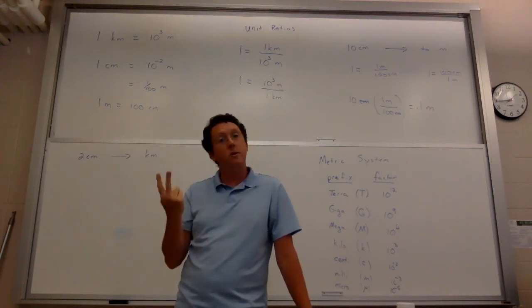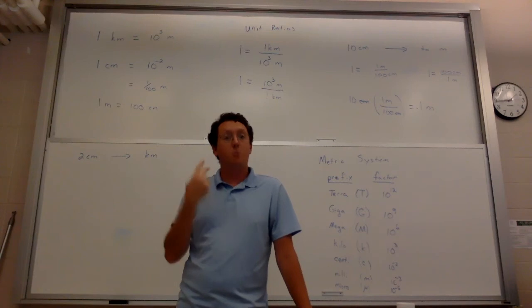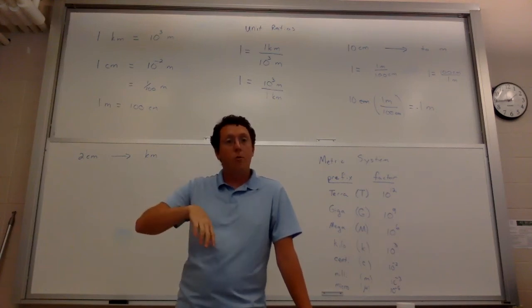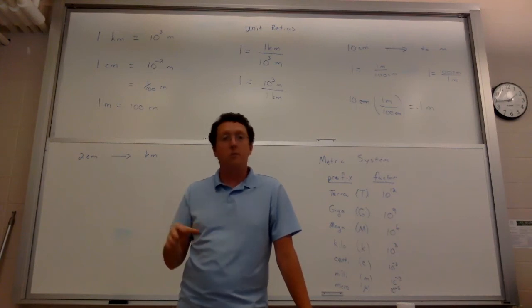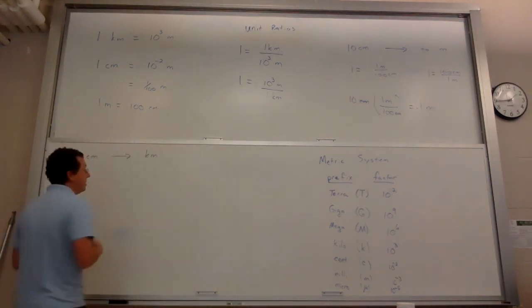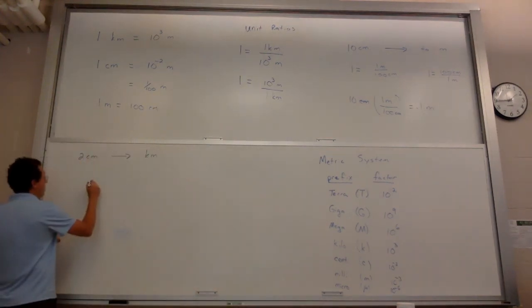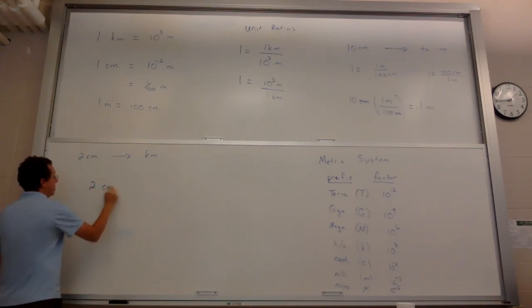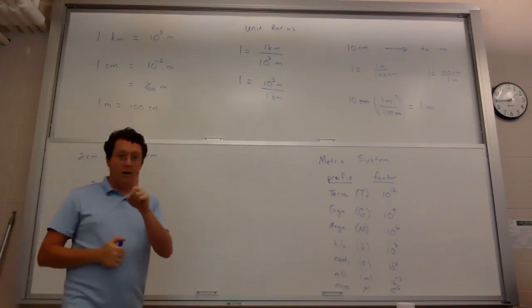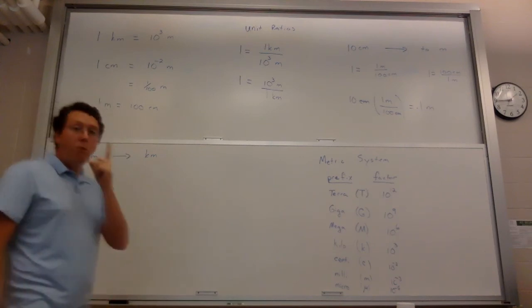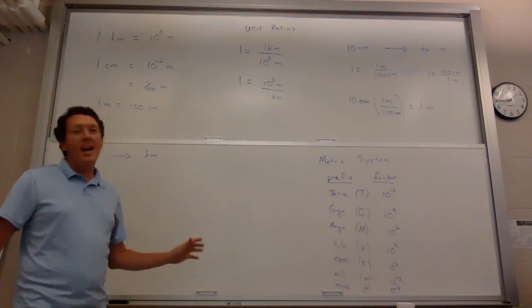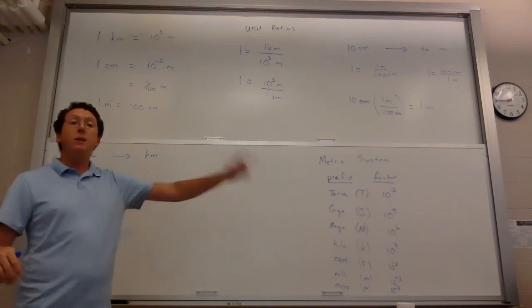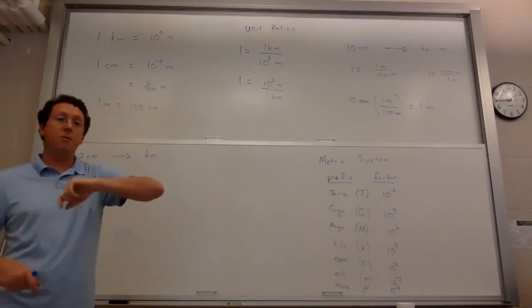No big deal, we just do it in 2 steps. We're going to multiply by 1 twice, and choose our representation of 1 so that the stuff we don't want goes away and the stuff we do want survives. I can't get all the way to kilometers, but I could go to meters first, and then from meters to kilometers.